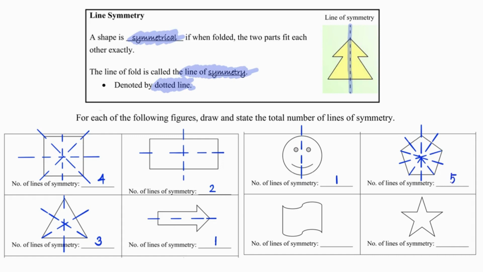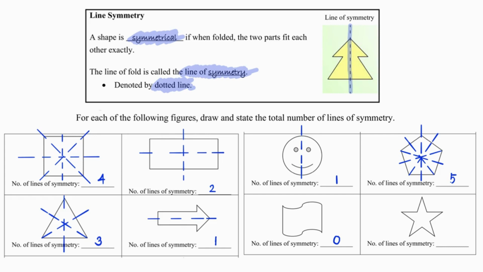Well, for this flag shape, you wouldn't realize that actually it seems to have some line of symmetry, but actually there is none. There's no way I can find a line of symmetry for this shape. As for the star, it is similar to the regular pentagon previously.